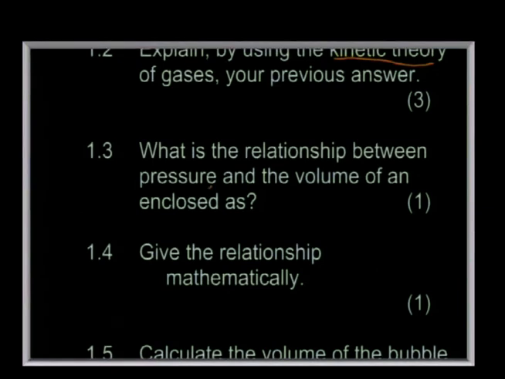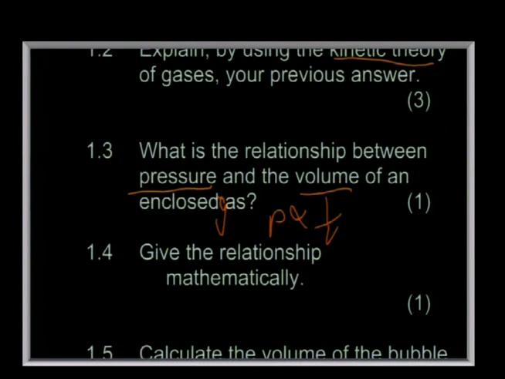Right, what's the next part to the question? Let's go and have a look at it. What is the relationship between pressure and volume of an enclosed gas? Notice that's a gas, it just got the G missing there. Well, we know that pressure, we've said it, is inversely proportional to volume.